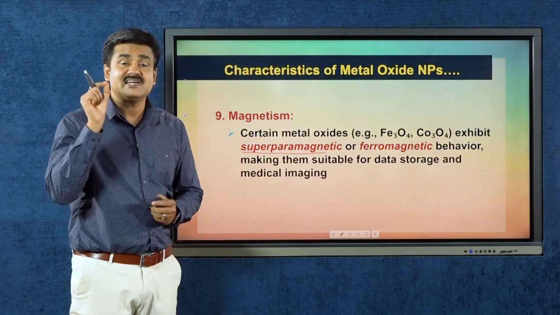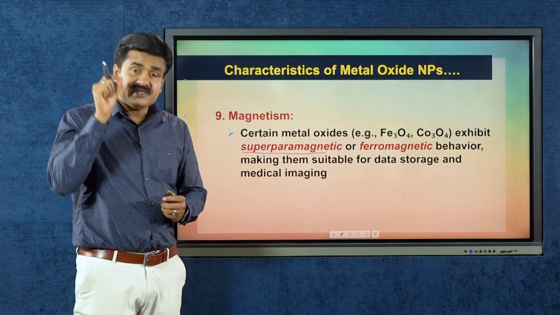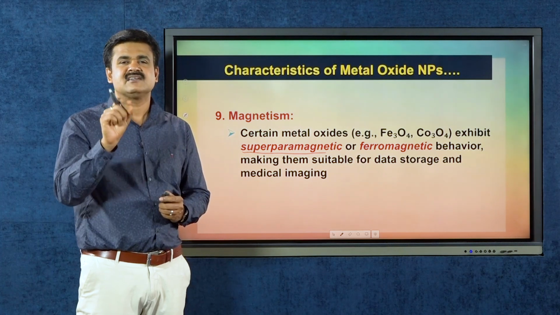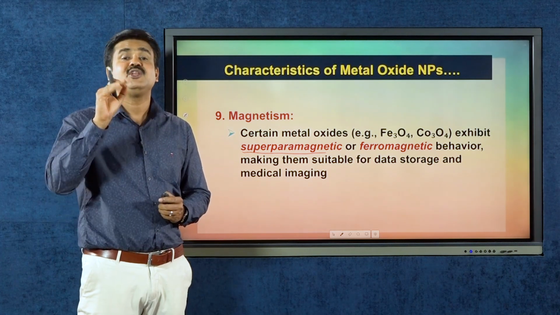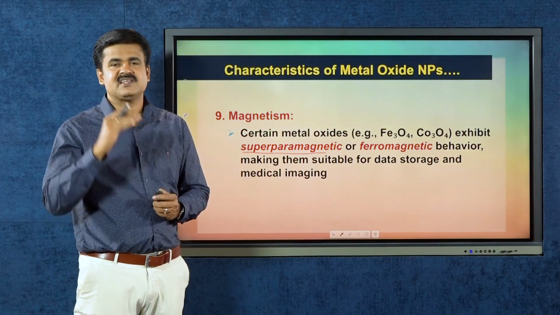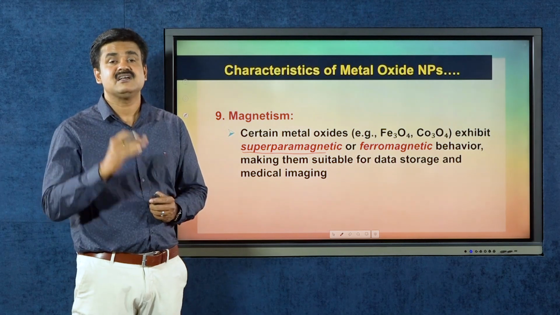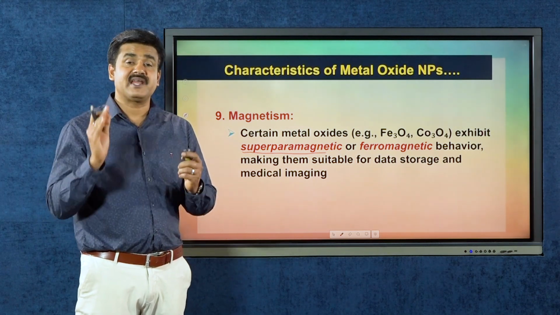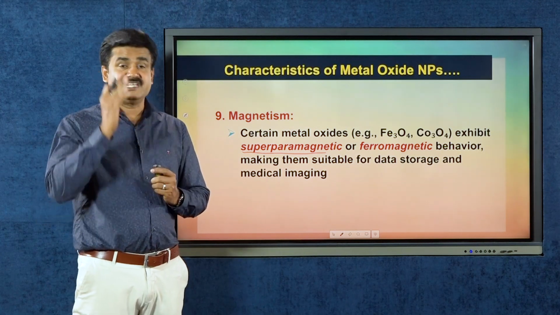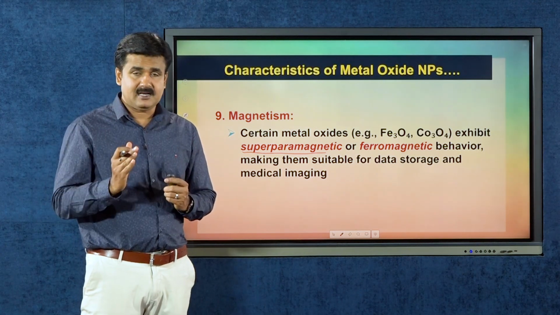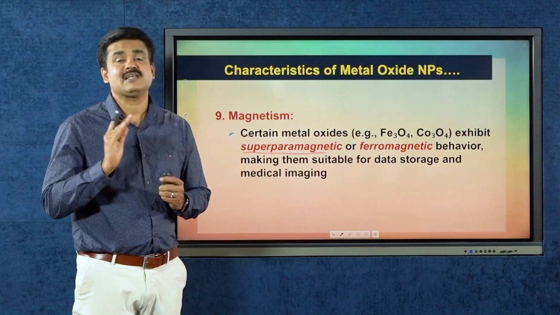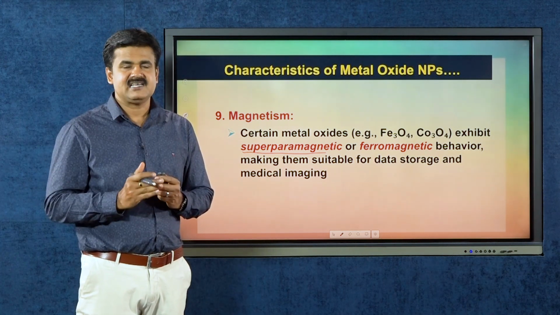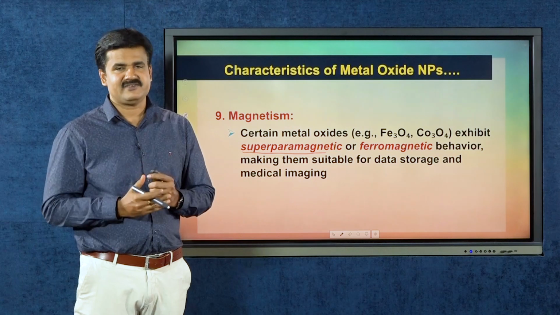For a ferromagnetic material, if its coercivity and retentivity are 0, a new situation arises, and that situation is called superparamagnetism. So, what is a superparamagnetic material? A superparamagnetic material is a ferromagnetic material with 0 coercivity and 0 retentivity.